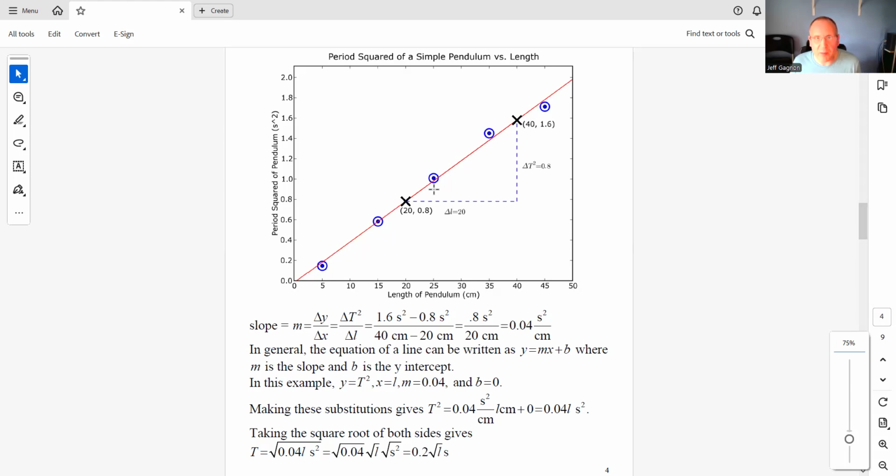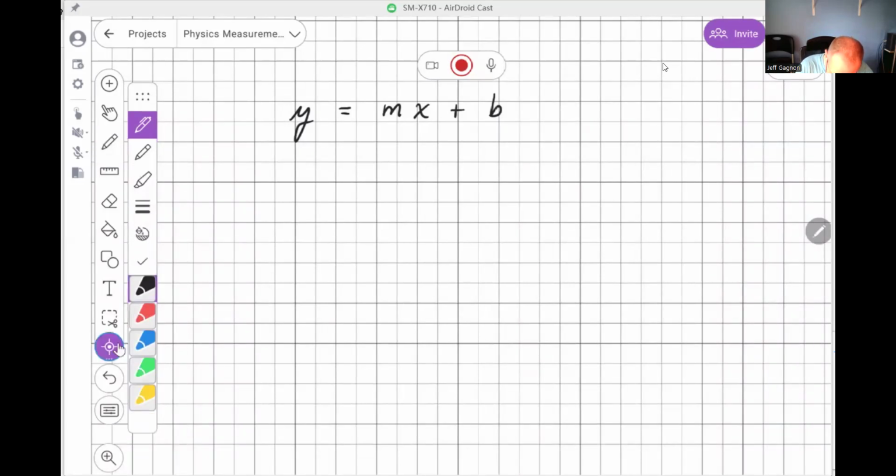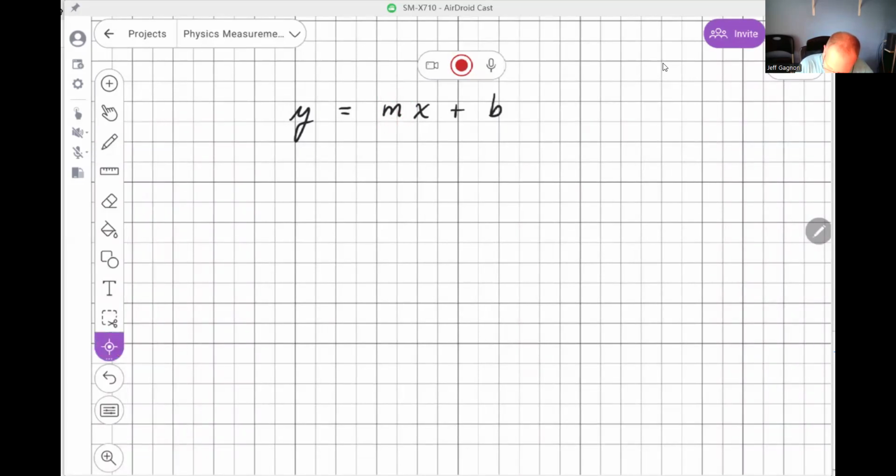So let me jump over to the tablet to explain this more carefully. Again, probably the most general way to write the equation of a line is the slope-intercept form, y equals mx plus b, where the m represents the slope of the line, and the b is the y-intercept. It's where the line passes through the y-axis.